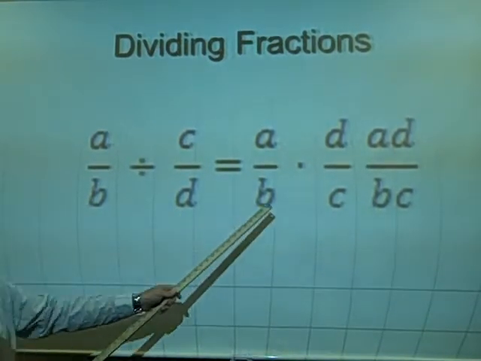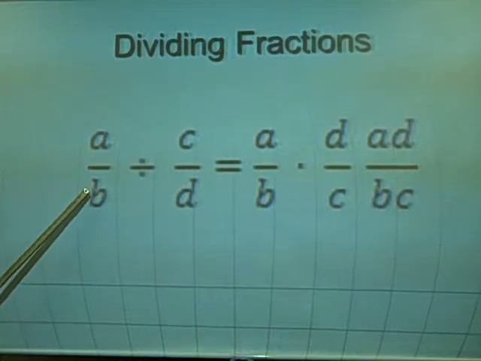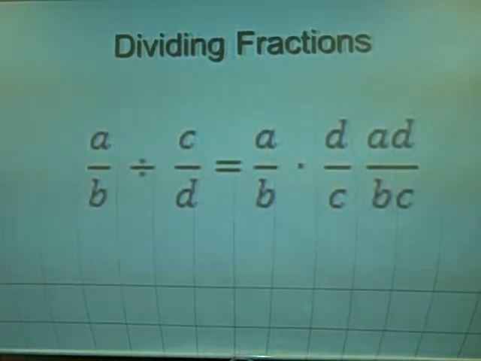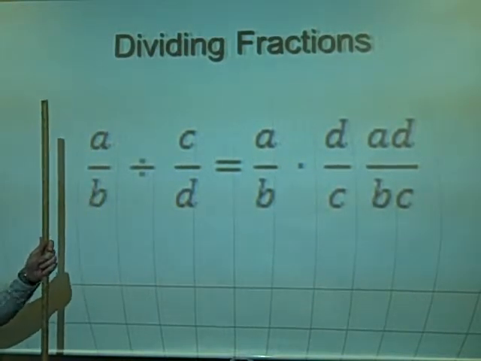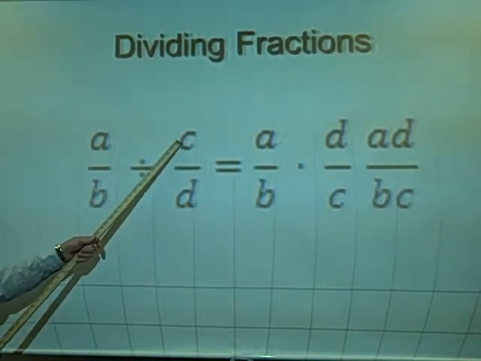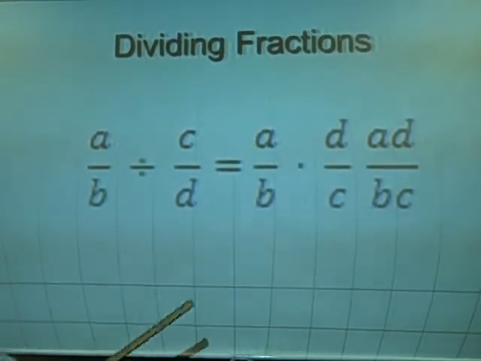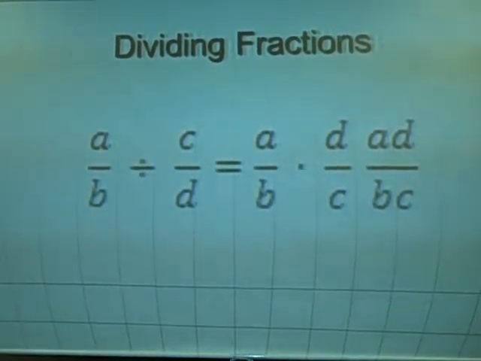So the D's on the denominator, now it's on the numerator. So if you have numbers that look like they can cancel, you cannot cancel in division. You have to wait till you flip it, and then you can see if you can cancel. Okay? So in other words, if this was a B here, you cannot cancel these until you flip it, and then you see you won't be able to cancel them anyways.